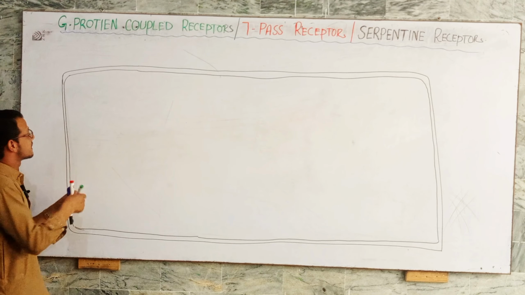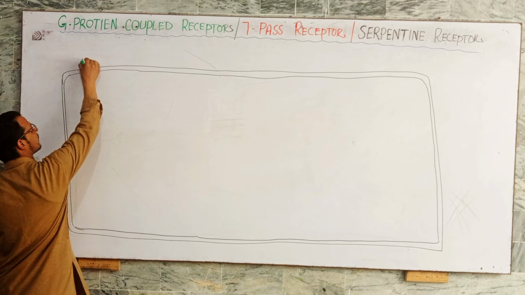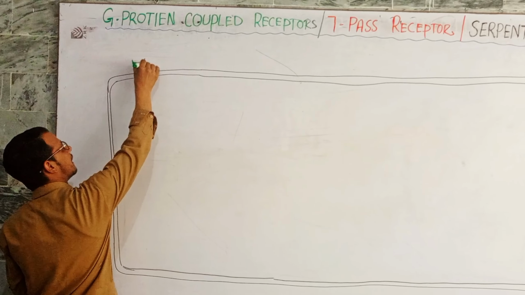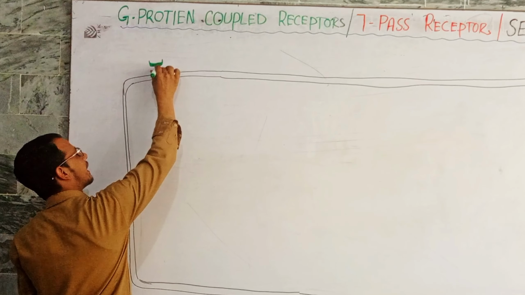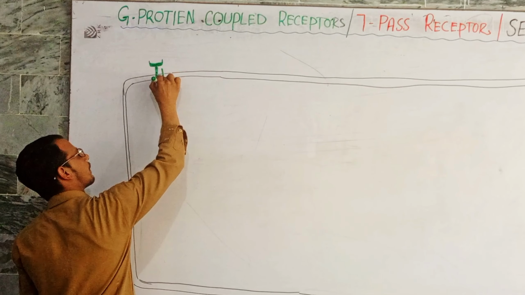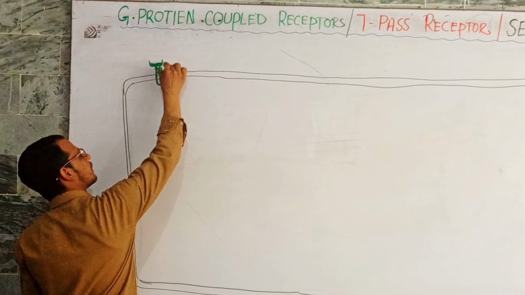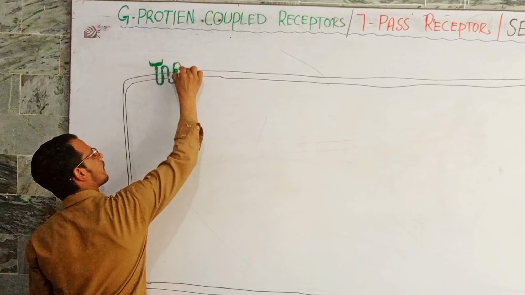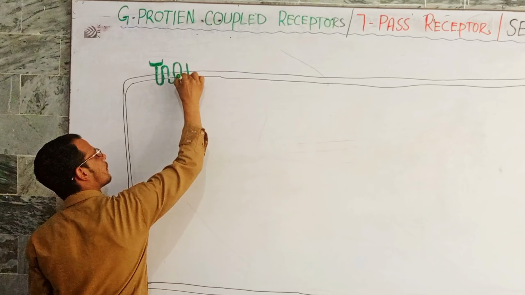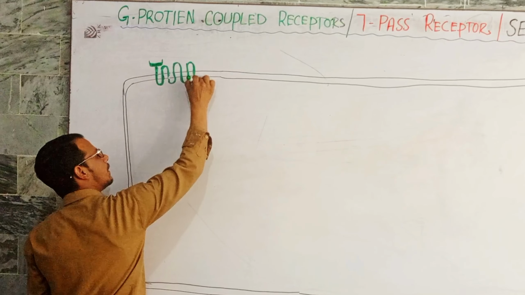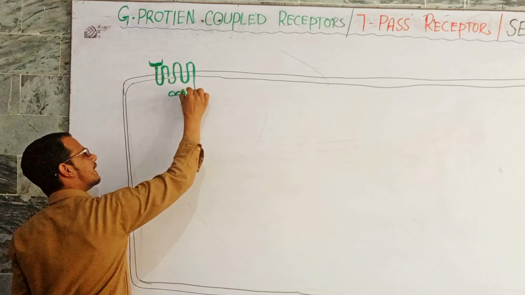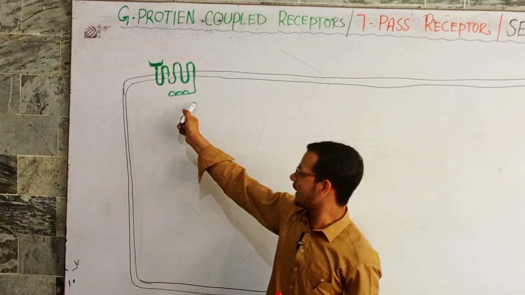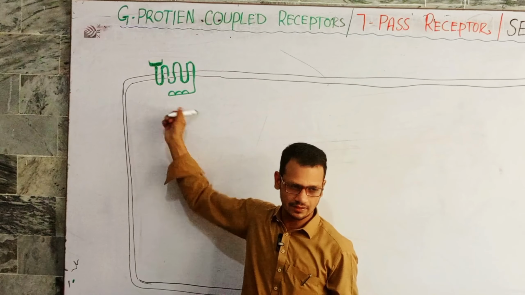For example, I have a receptor here. This area is called the ligand binding domain, and this is the peptide chain of the receptor. Second, third, fourth, fifth, sixth, seventh. But in normal condition, when nothing is attached to the ligand binding site, these receptors are in inactivated form. Inactivated, right?